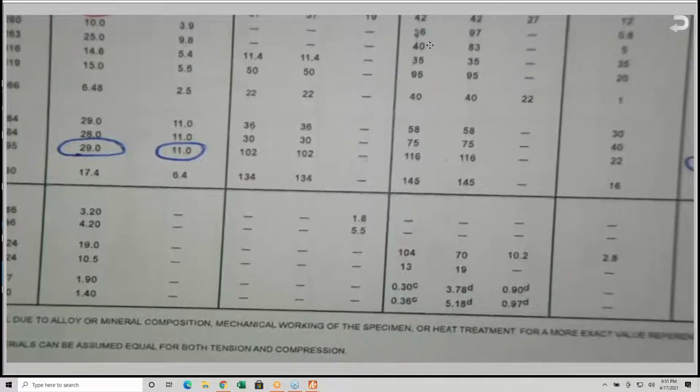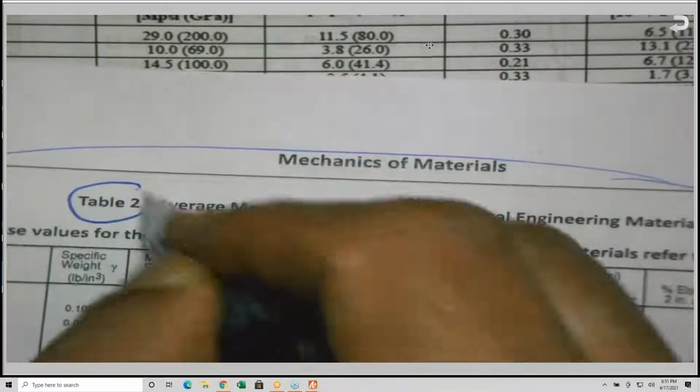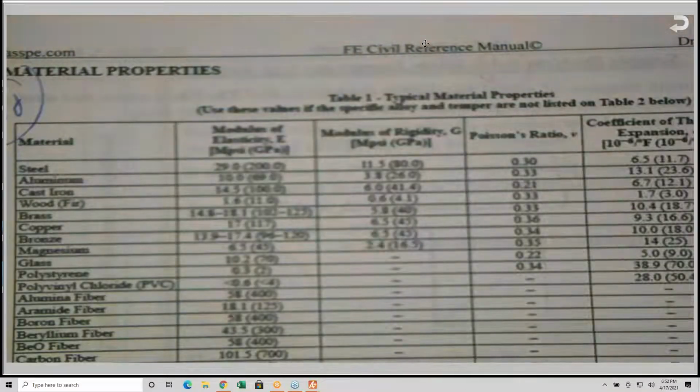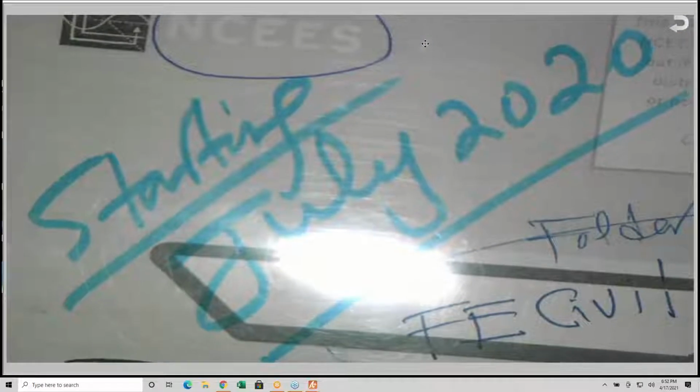On the same table 2, this is on page 139, and probably in the future I will refer you to the document here. At least you can follow, because you need to know exactly, as this is the only thing you are going to see on the exam, as I mentioned many times. So it will be a good idea.